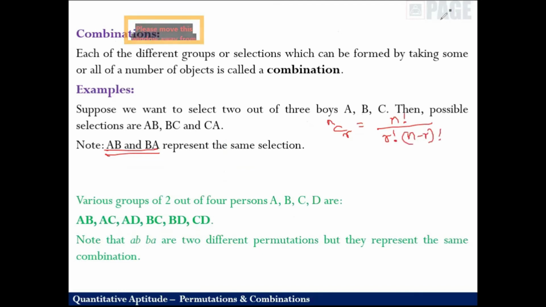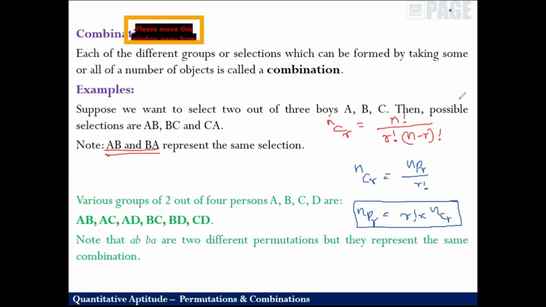Now it is better to know a few more applications of this. You may use them in mathematics as well. So nCr equals n factorial by r factorial into n minus r factorial, which means nPr by r factorial. So we can write that nPr is r factorial times nCr.